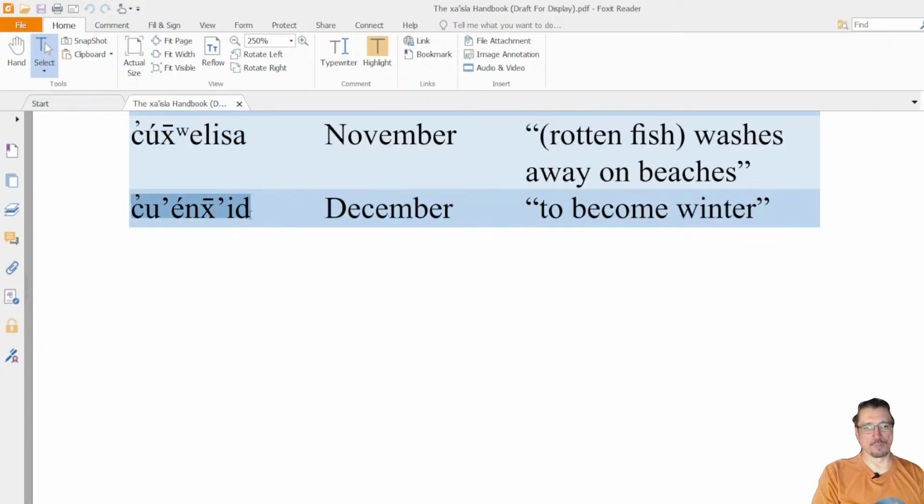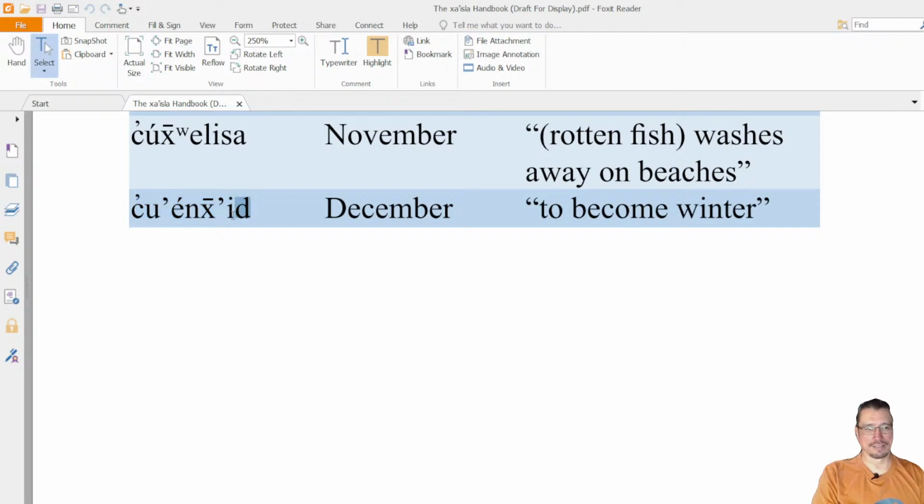And last up we have Tzuwenheid. And this, of course, is December, and it means to become winter. So Tzuwen is winter in á'isla.